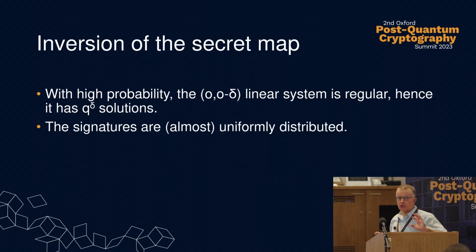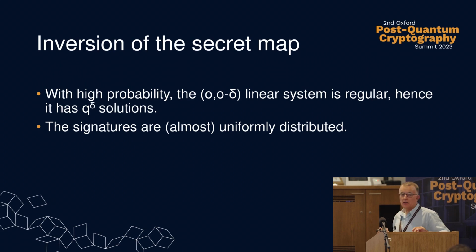So the inversion of the secret map works mostly like with UV. The difference is now when you instantiate the vinegar variables, you get an underdetermined system, since you have O variables and O minus delta equations.